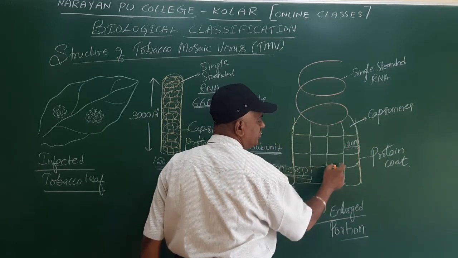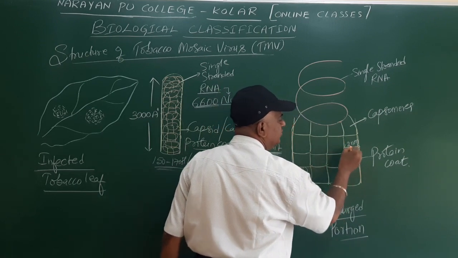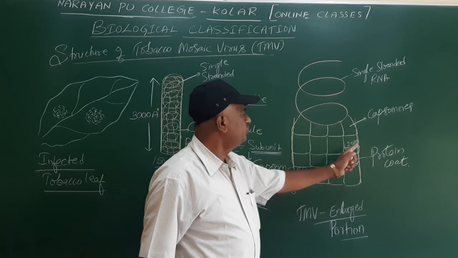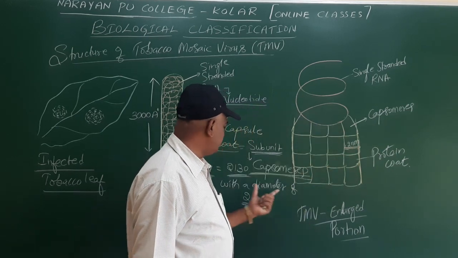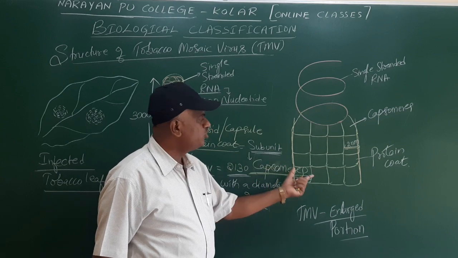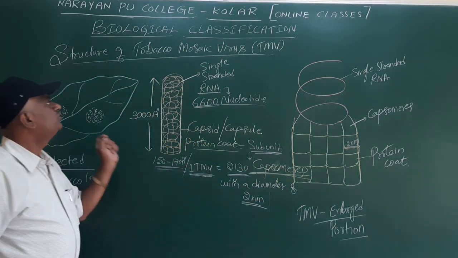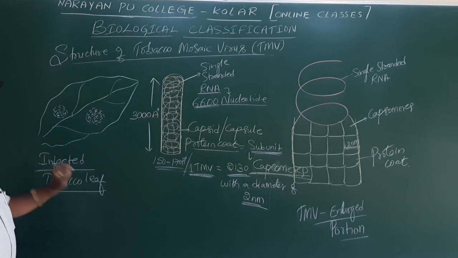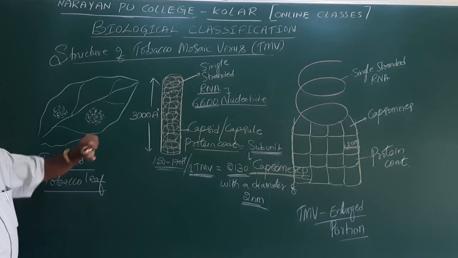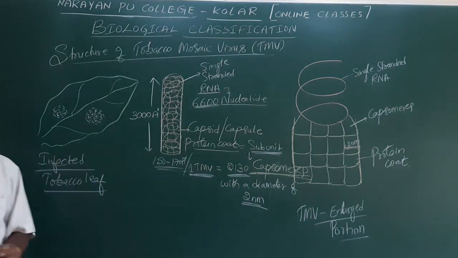All these subunits are called capsomeres. Each capsomere has a diameter of 2 nanometers, and in one TMV there are 2130 capsomeres. So this is the structure of TMV, tobacco mosaic virus.